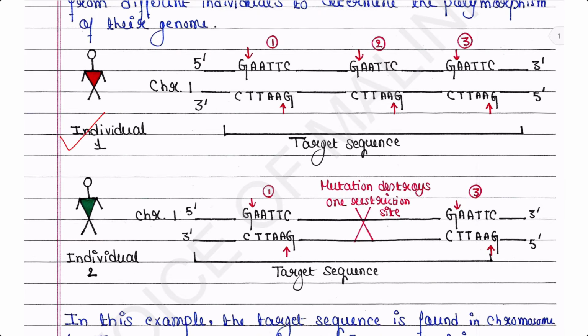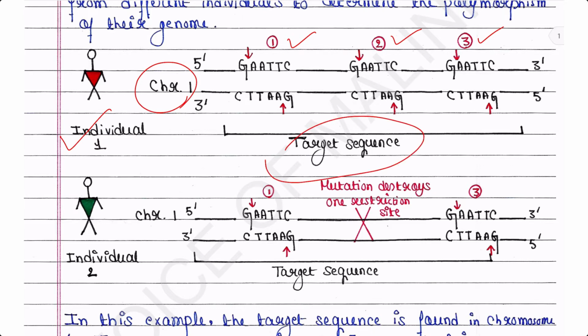So this is individual 1 and this is chromosome 1. It has the double-stranded DNA here. It contains 3 EcoR1 restriction enzyme sites here, 1, 2, 3 in the target sequence.